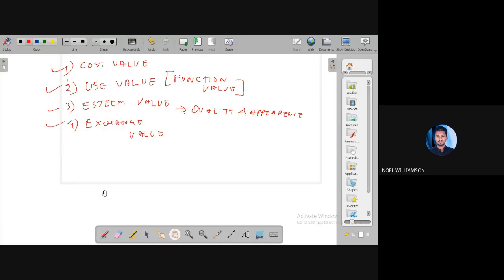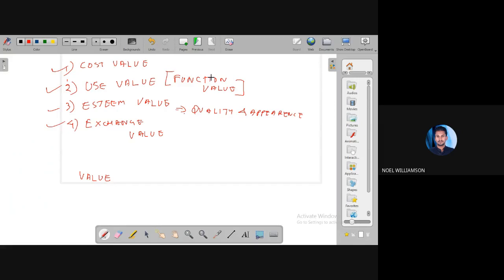Now, the value of any product is not just depending on the performance or the functional requirements. So what is the performance?